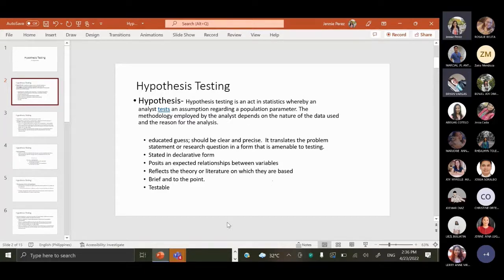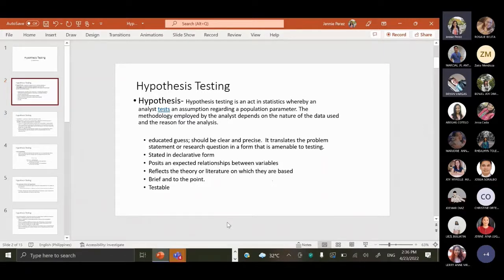So a hypothesis is an educated guess. Why is it an educated guess? Because we just don't state a hypothesis randomly, out of nowhere. No, we base our hypothesis on related literature.